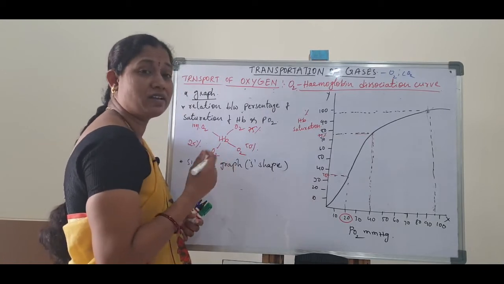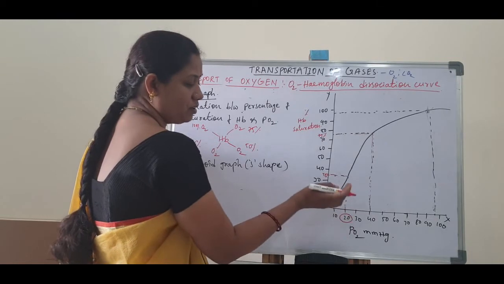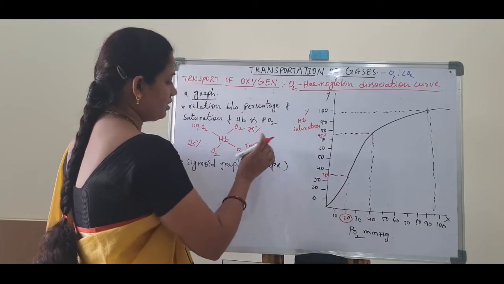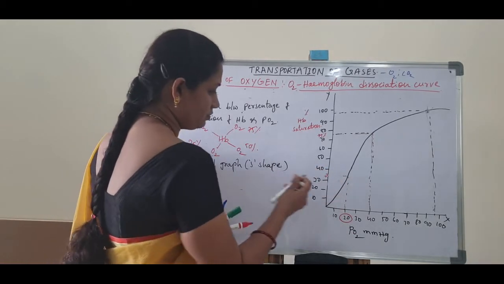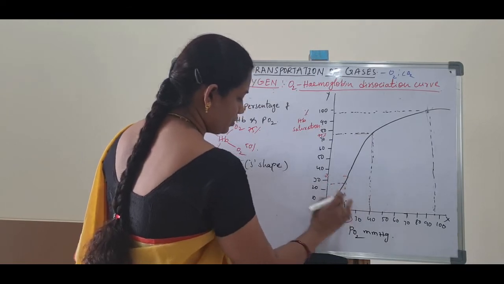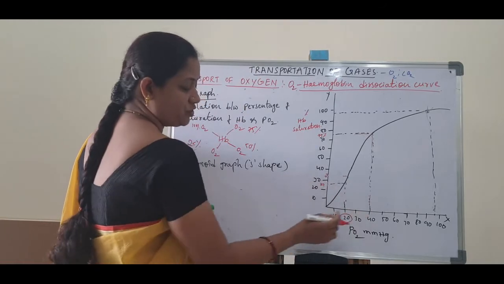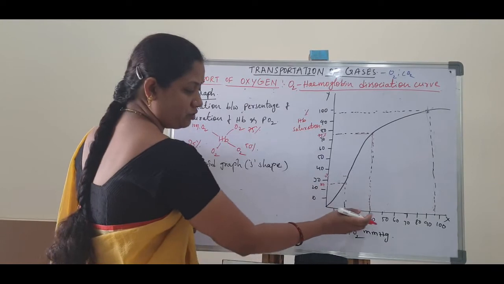The hemoglobin is saturated 75%. Here, at 20 it is saturated 25%. Next, at 40, just 20 is the difference.